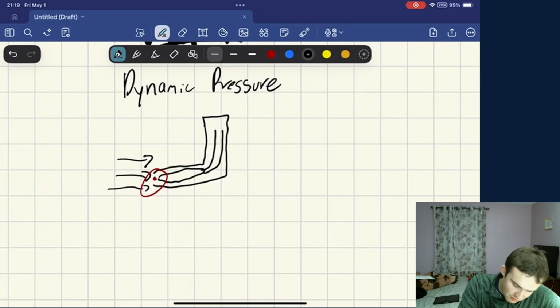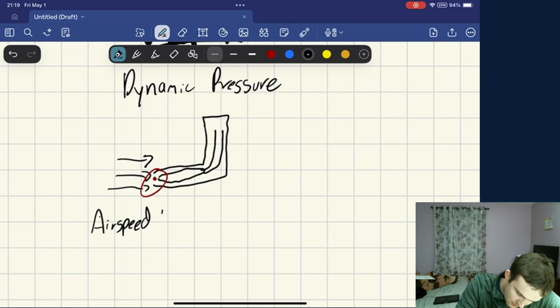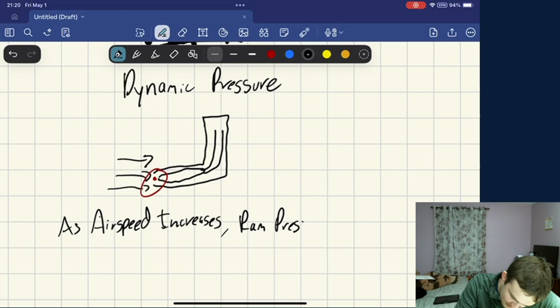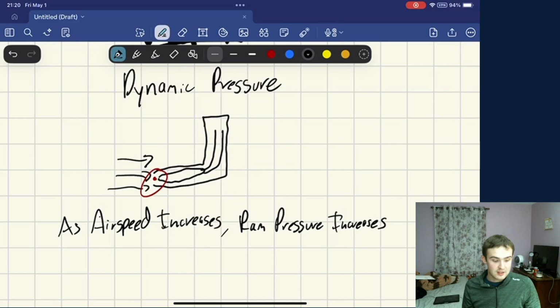As airspeed increases, ram pressure increases. That's the super simple breakdown of our dynamic pressure, or our ram pressure. As airspeed is increasing, our ram pressure is increasing.